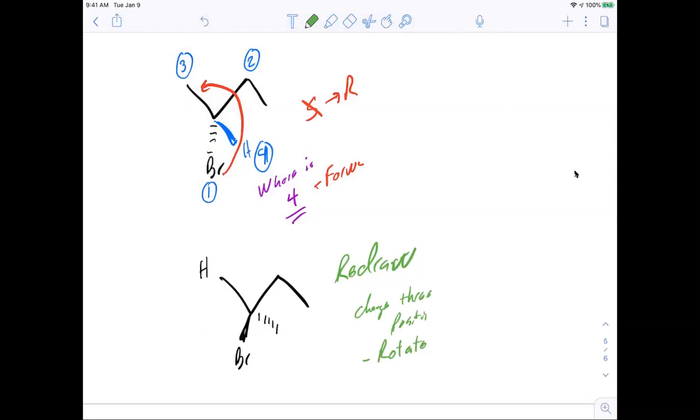What you need to think about is that I'm spinning this, I'm rotating it. If this was my axis here, I'm going to rotate this one, and it doesn't matter which way you rotate it, but let's rotate it this way. What you should do is draw, and be very specific, because redrawing gets you in a lot of trouble. Draw your methyl going to your bromine going to your hydrogen going to your methyl.